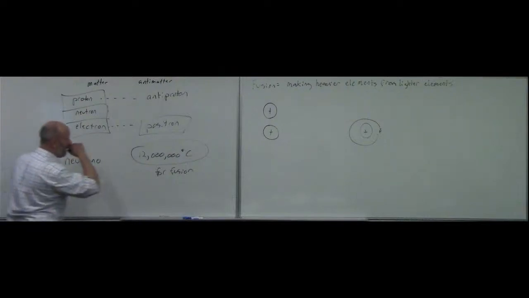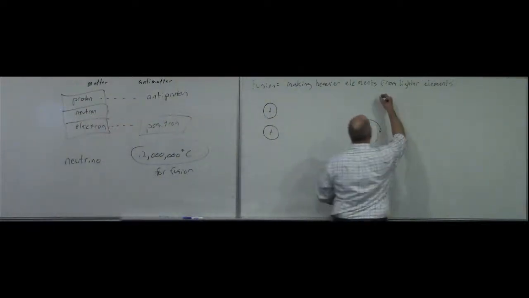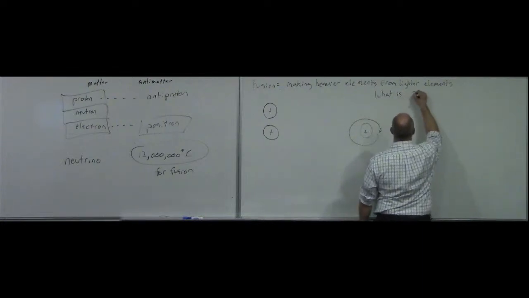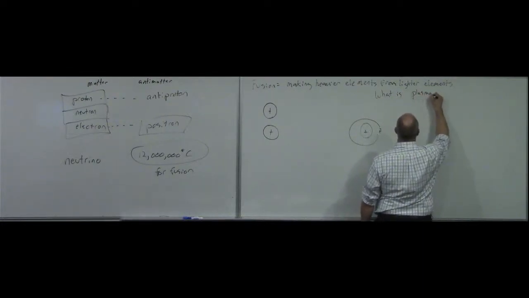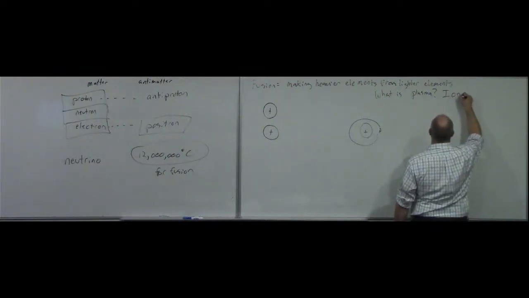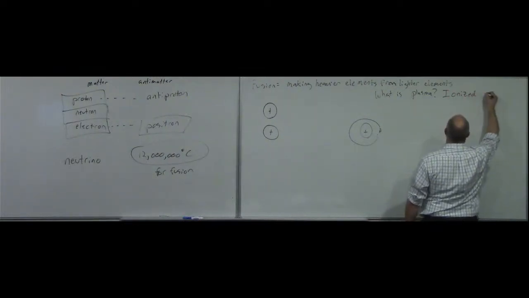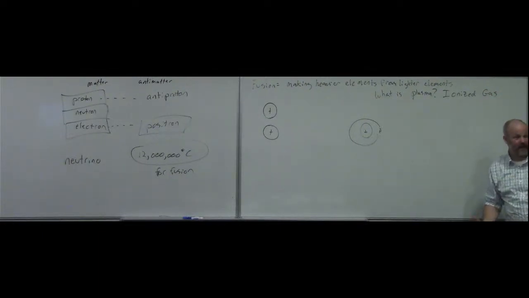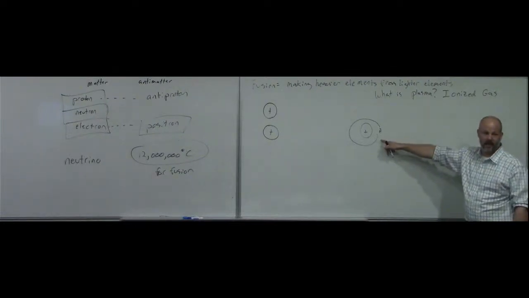Okay? I'm going to write it up here. What is plasma? The answer is it's ionized gas. And if that doesn't make sense, then you've got to ask the question, well, what is ionized gas? It's gas that is so hot that the electrons can't stay.